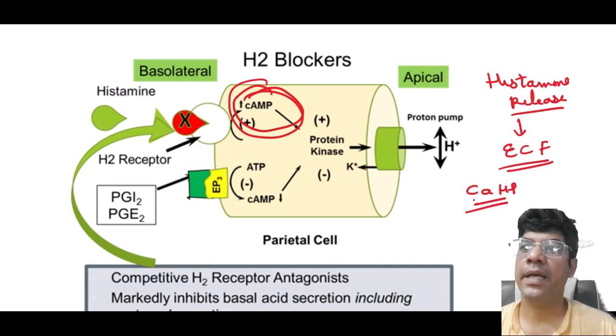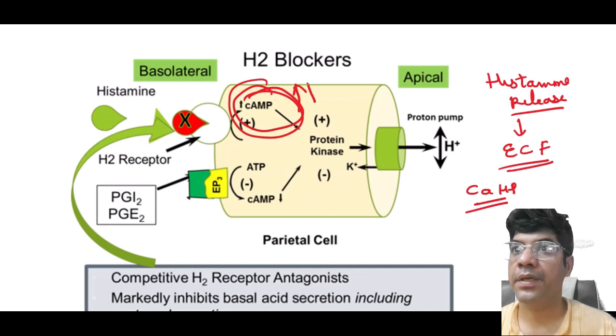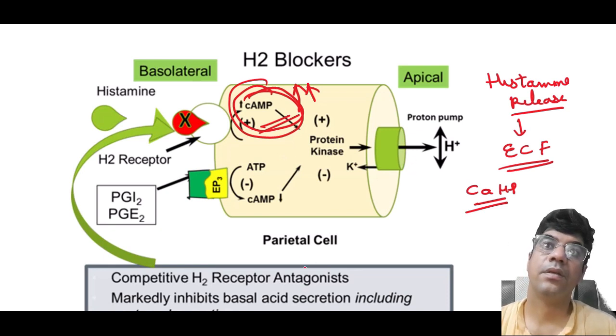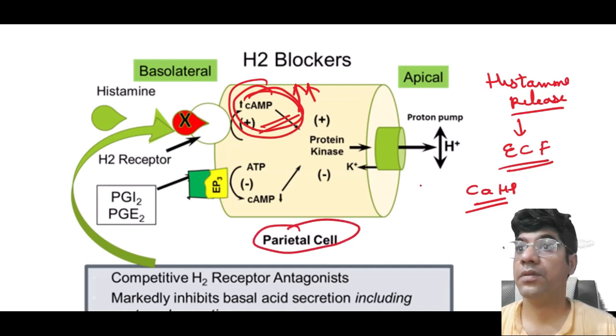Activation of adenylate cyclase increases the level of cAMP within the parietal cells. This increased cAMP activates protein kinase.